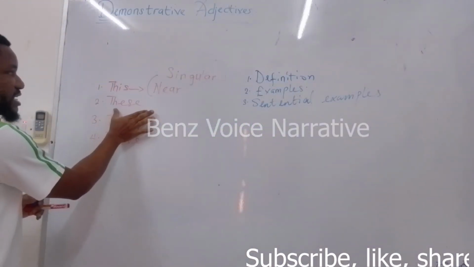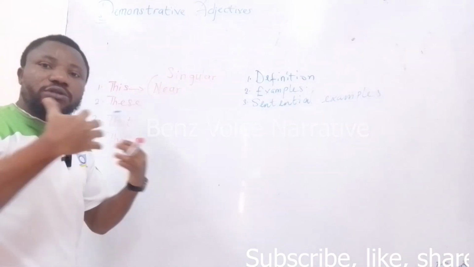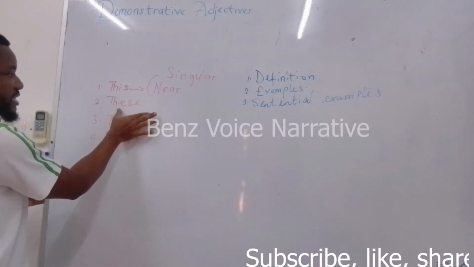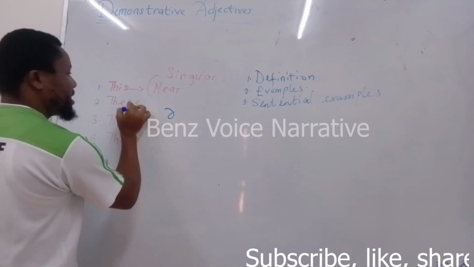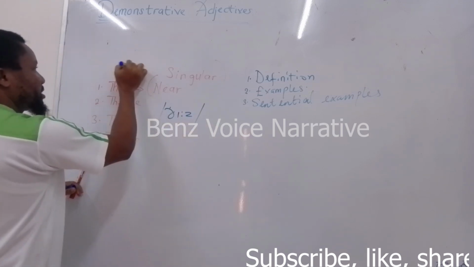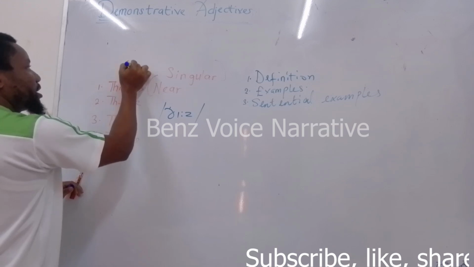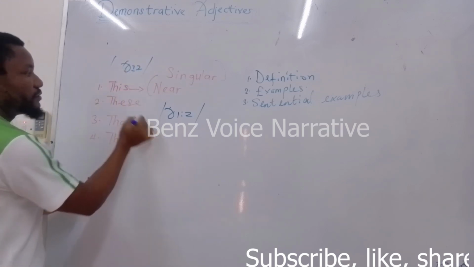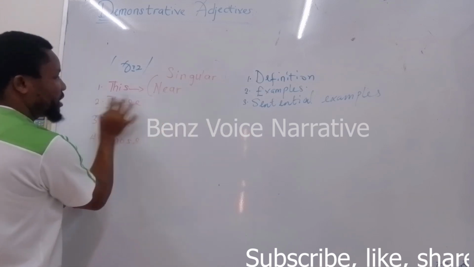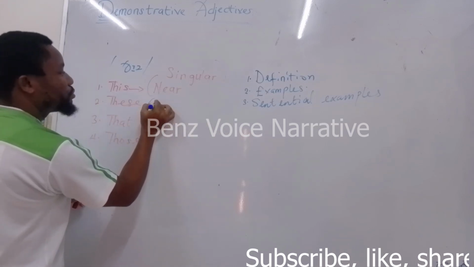Then let's look at these. This is like the older brother or the elder brother of this. These. It's the long E sound. These is plural.